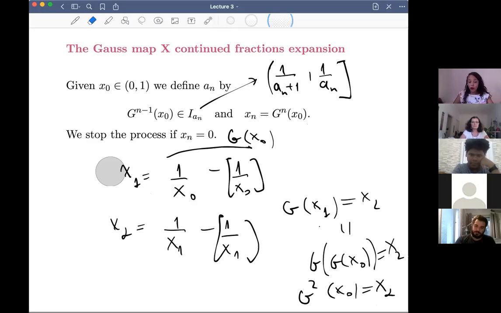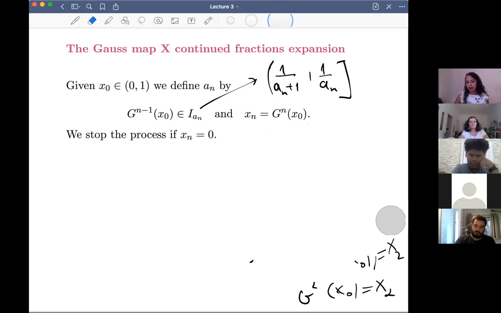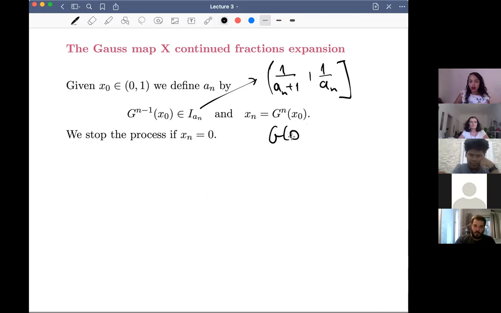Well, again, if you have x_n that is 0, we stop the process, because remember that we define G(0) as 0. This is according to the algorithm, because if we had x_n equal to 0 in the algorithm, we also stop the process.